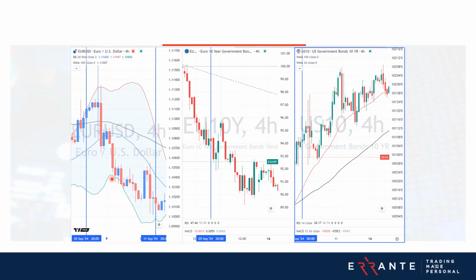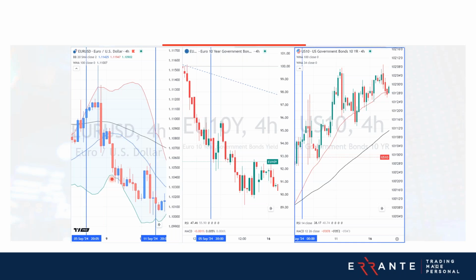Also, if the Euro 10-year yield starts rising or the US 10-year yield begins to decline sharply, this would suggest the yield spread is narrowing, which could prompt an exit from your short position here.